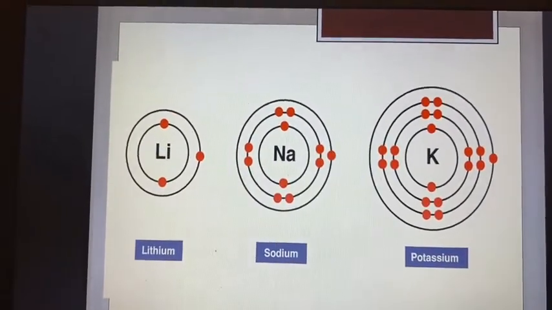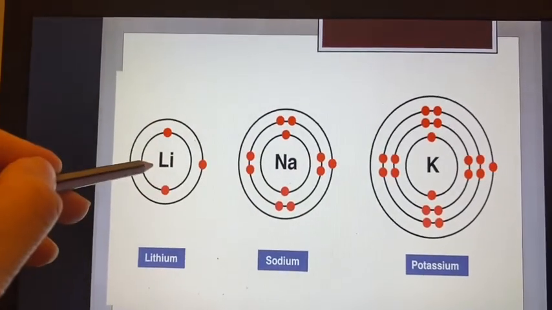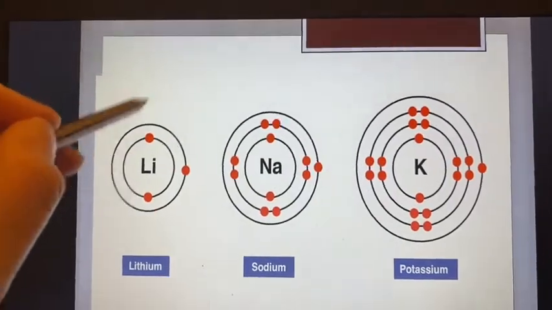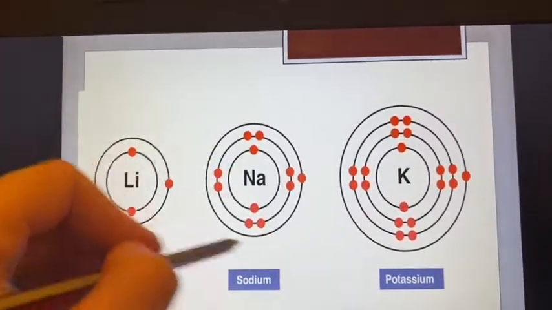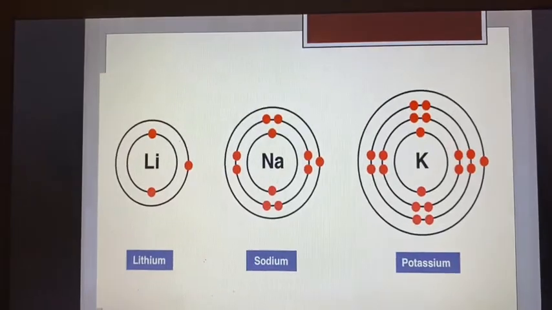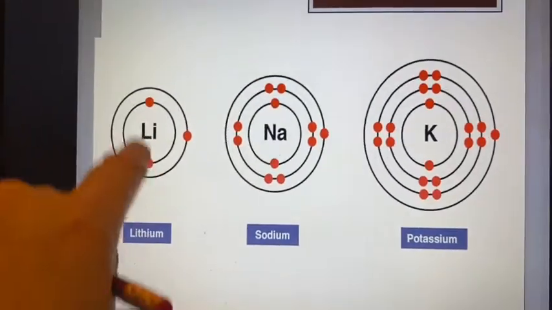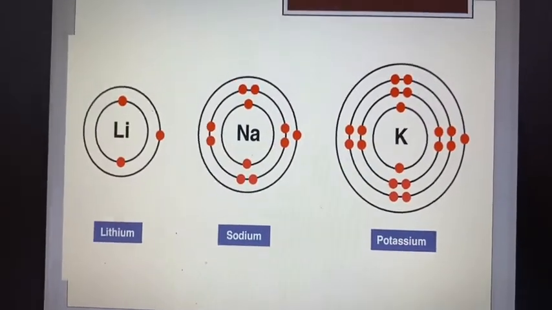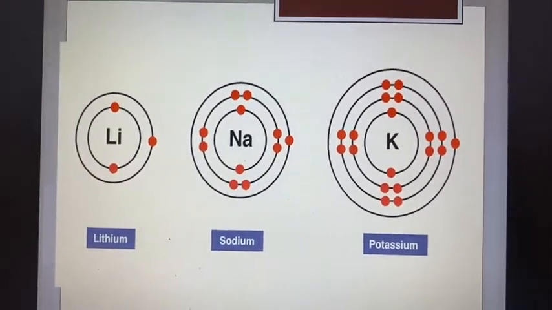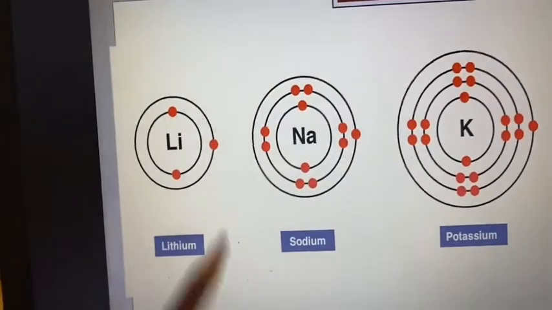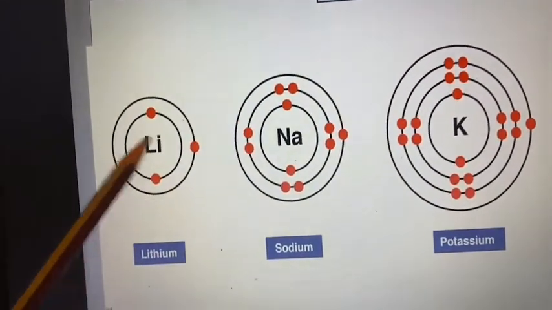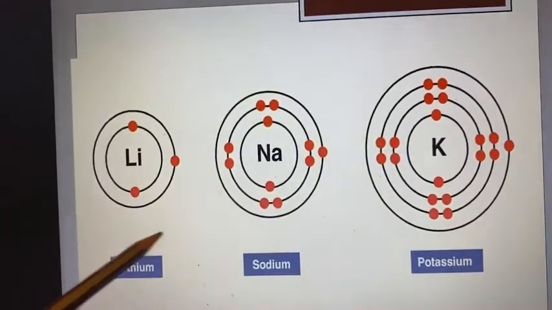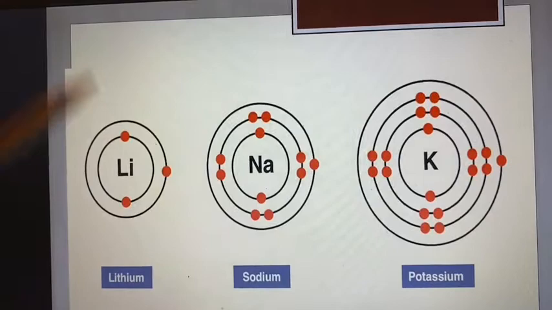What is stability? Either having 2 electrons in the first outer shell, or 8 electrons in the second and third. They tend to have either 2 electrons or 8 electrons. All the elements act the same to have this stability. Now losing an electron will make an ion. What's an ion? It means an atom with a charge.